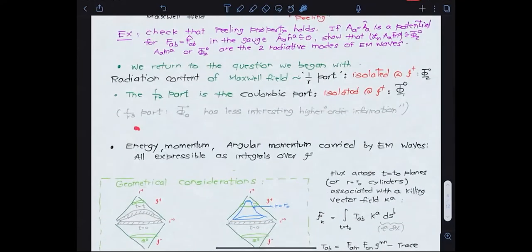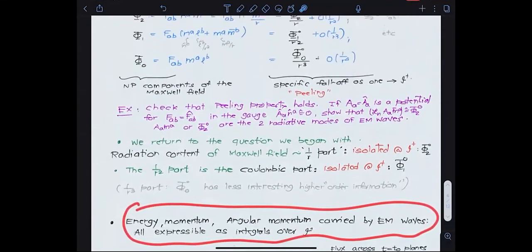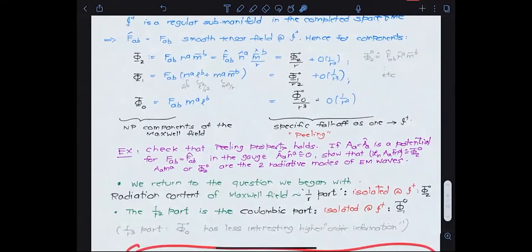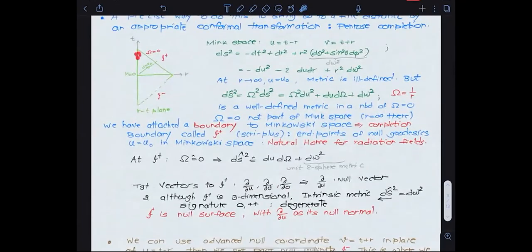And therefore, the energy and angular momentum of electromagnetic waves can all be expressed using this phi 2 naught. If in fact phi 2 naught is equal to 0, then there is no emission of energy or angular momentum by sources. If I have sources like that, and if phi 2 naught is 0 here, then I will just say that there is no energy that is radiated, there is no energy that is lost.